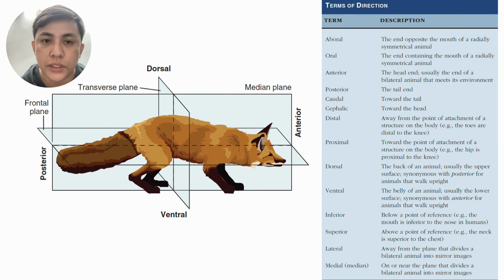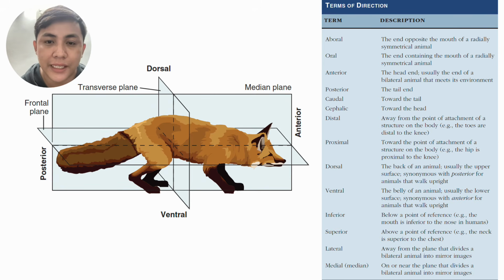Next, we have the terms of directions. First, aboral versus oral. When we say aboral, this is the end opposite of the mouth of a radially symmetrical animal, while the oral is the end containing the mouth of a radially symmetrical animal. Anterior versus posterior.